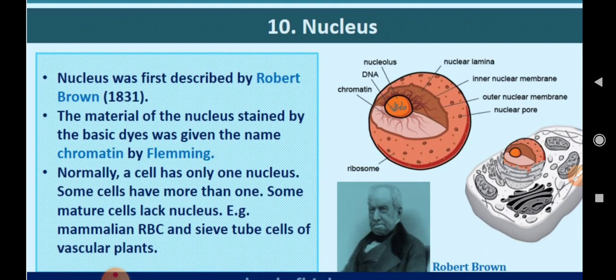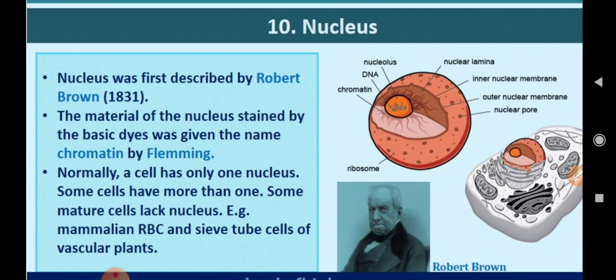This structure was described for the first time by Robert Brown in 1831. Later on the nucleus was stained by some basic dyes, and it was found that some thread-like structures appeared in it, and these were given the term chromatin by Fleming.